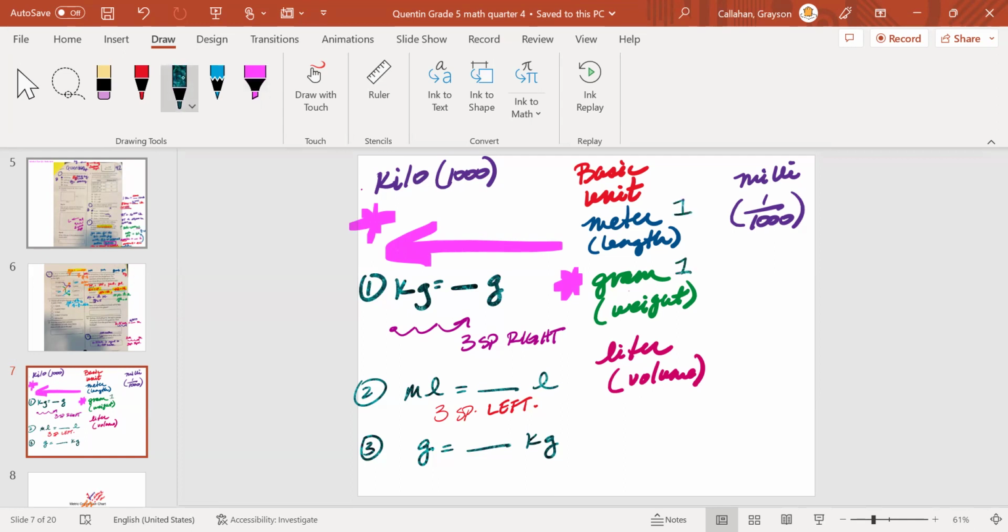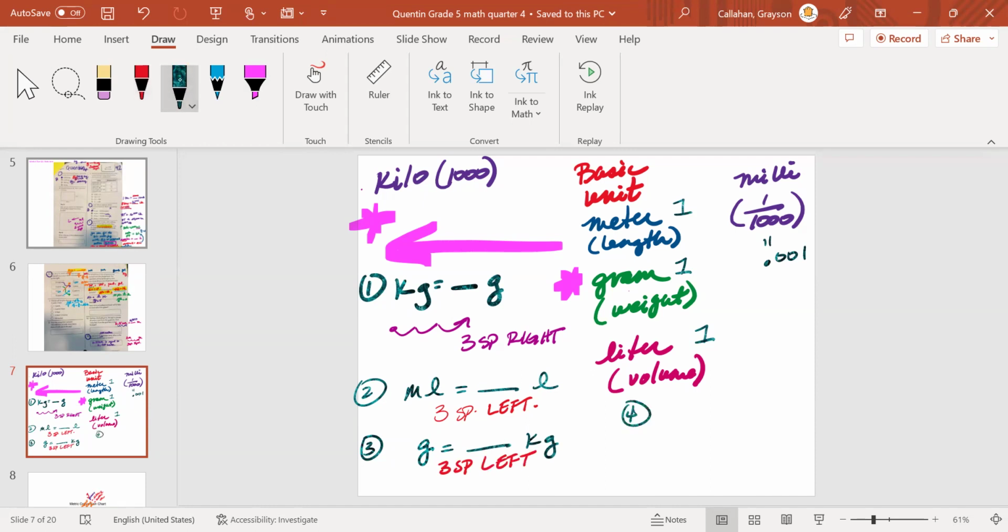Kilograms, this is equal to 0.001. It's a lot smaller. Kilo means 1,000, so of course kilo is bigger. Gram means 1. 1 gram is about how much 1 Skittle weighs. Kilo means 1,000 Skittles. You're going 3 spaces to the left. Okay, you're getting a little bit better, but you're still messing this up.